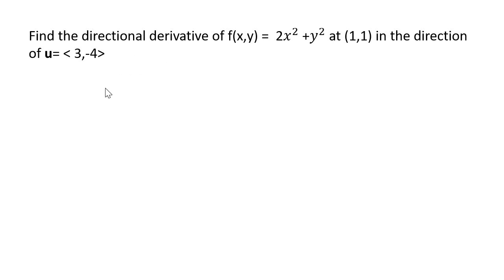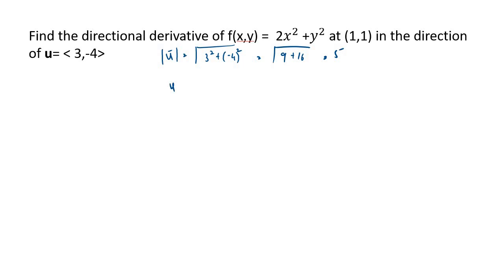Since we are given a vector, we first find its magnitude: 3 squared plus (-4) squared, square root of 9 plus 16, which is equal to 5.